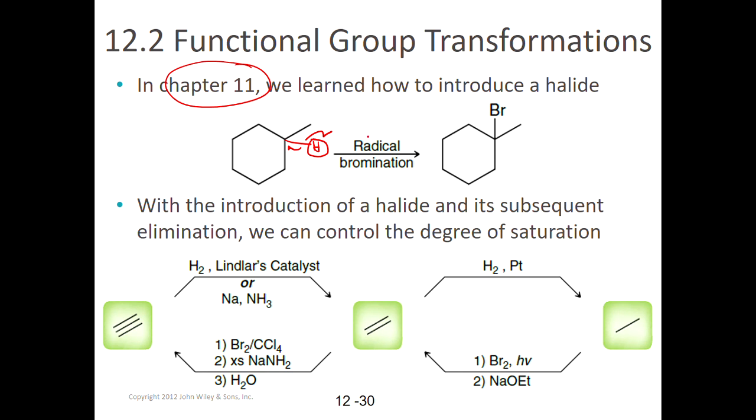And so now that gives us the ability to go from an alkane to an alkene. We never really filled in that gap last semester, but it's a two-step process. The first step would convert the alkane into an alkyl halide. Then the base, which would be negative, would pick off the anti-periplanar proton and push out the leaving group to make the alkene.